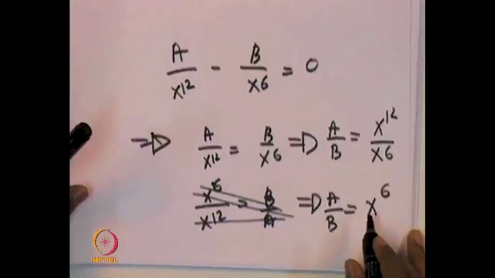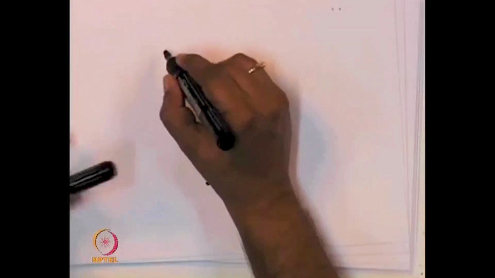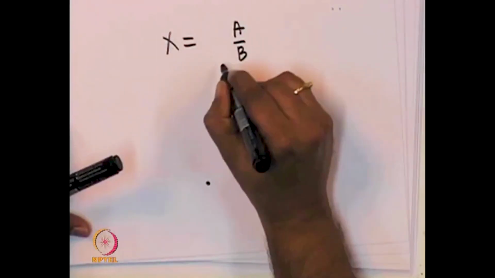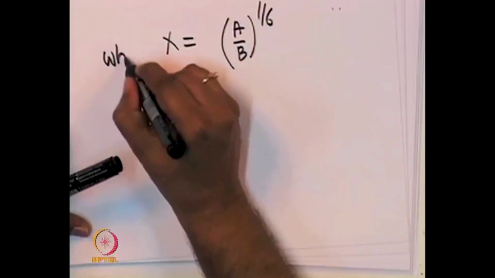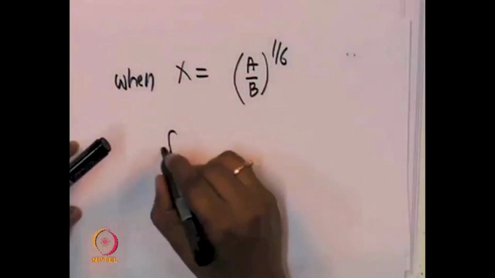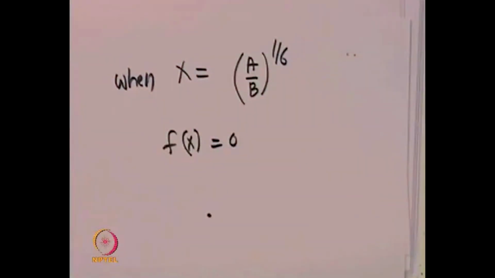This essentially leads to the value where x is equal to a by b whole power 1 by 6. When x is equal to a by b whole power 1 by 6, f of x is 0. So, this is the value where f of x equals 0.